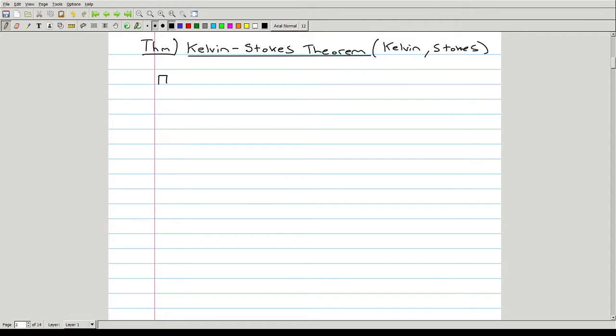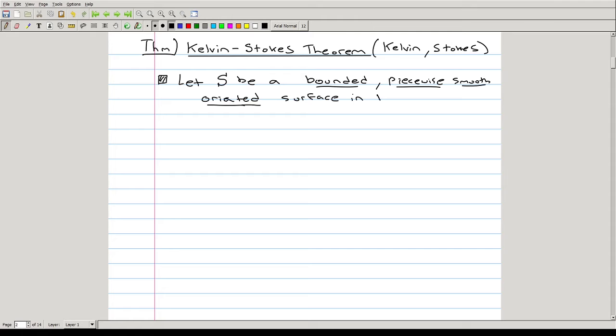So the first assumption is we will let S be a bounded, piecewise smooth, oriented surface in 3-dimensional space, in R3, and furthermore we will let C be the boundary of S, a boundary curve.